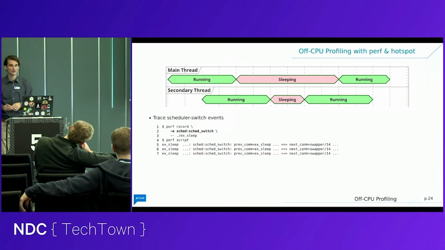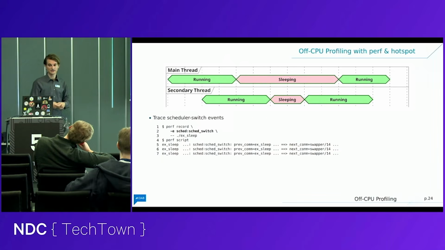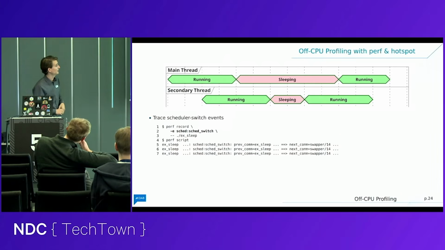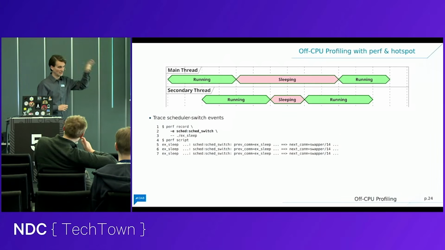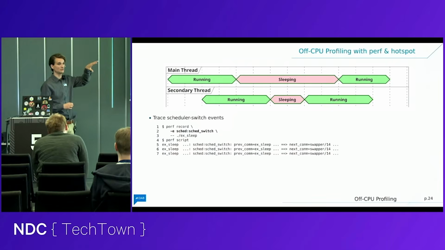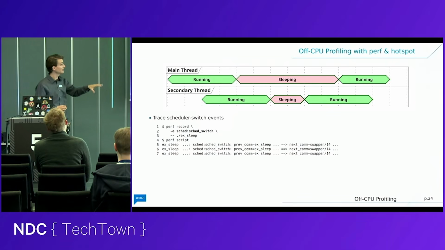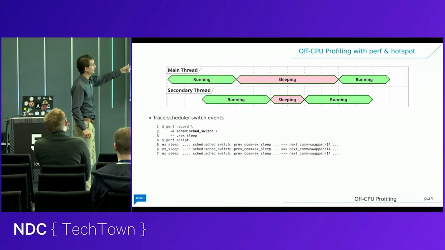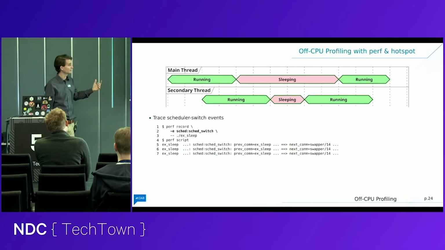What we have to do now is pretty arcane. You don't have to remember that, as I will show you, but the gist is with perf, we can not just do sample-based profiling, we can also use tracing capabilities built into the Linux kernel, and then get notified whenever there is a scheduler switch.